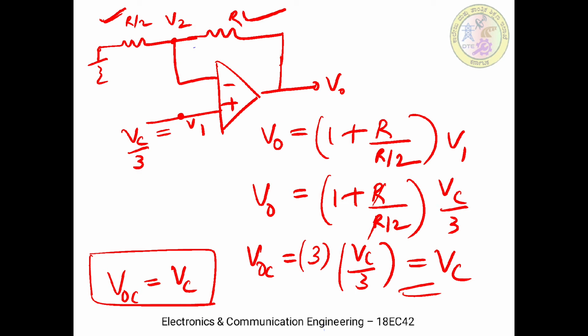Now the same analogy for VD input also. VC will be made equal to 0, only VD will be applied. Again at the inverting terminal there will not be any changes. So by following the same procedure, we can write that when VD is applied by making all VA, VB, VC as 0, VOD should be equal to VD only.